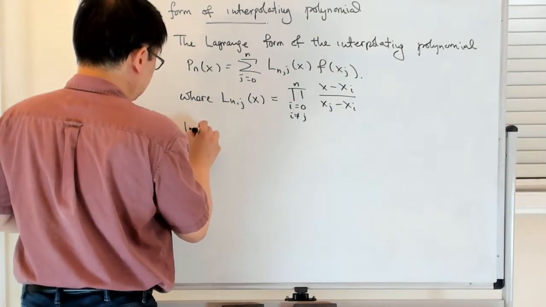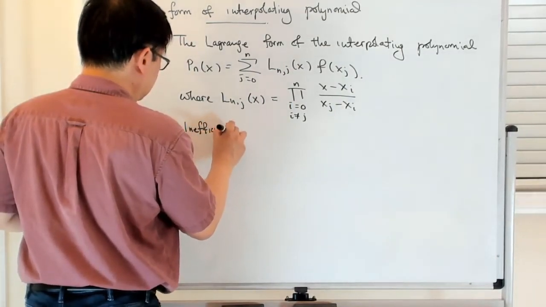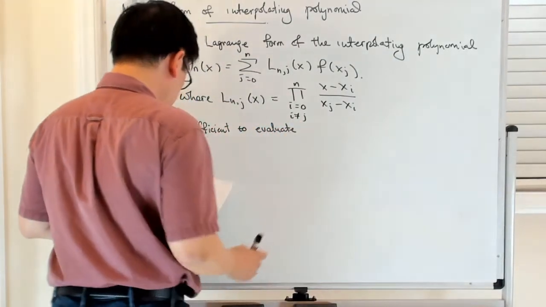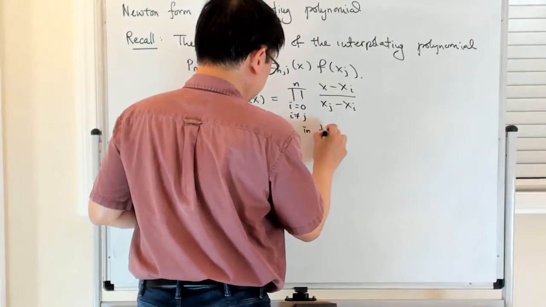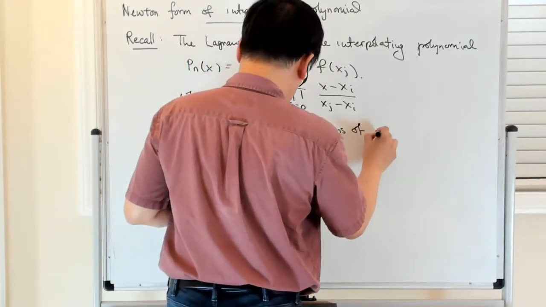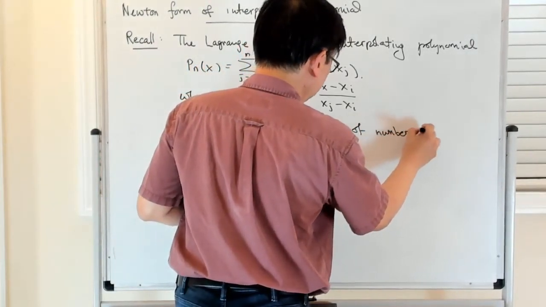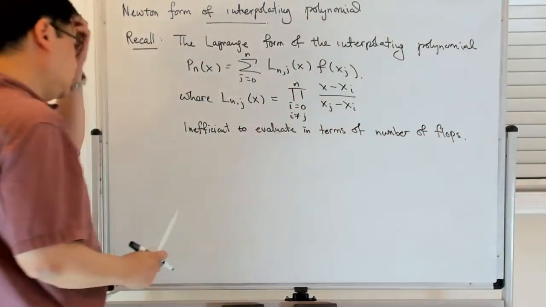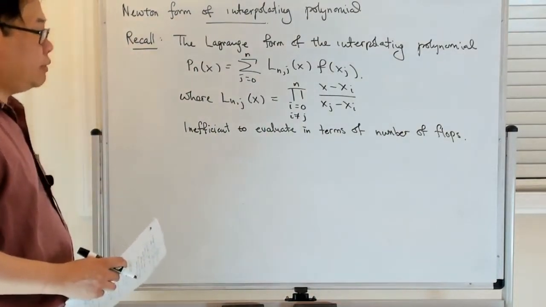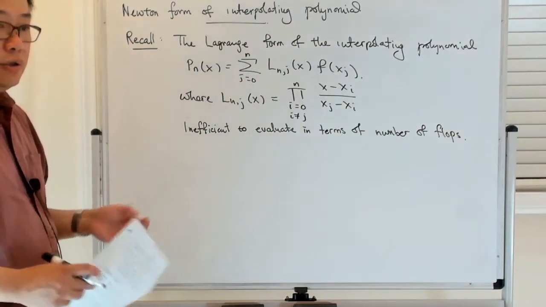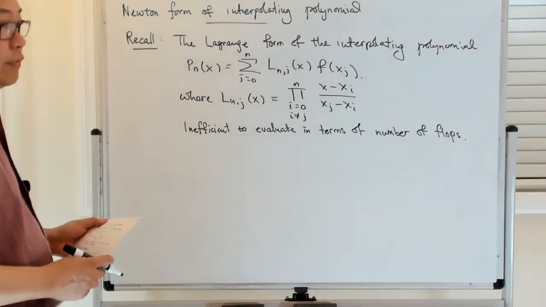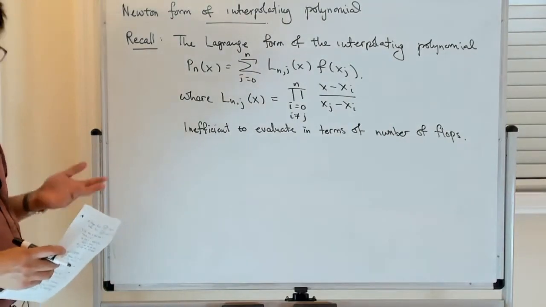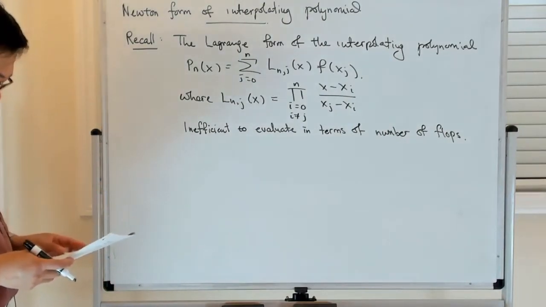So when we first talked about polynomials as one of the possible things you could do interpolation with, one of the things I mentioned was that there's a very efficient way of evaluating a polynomial using what is called Horner's method.